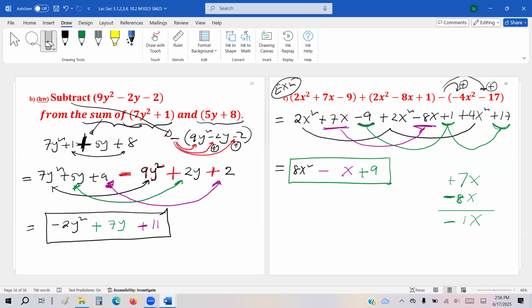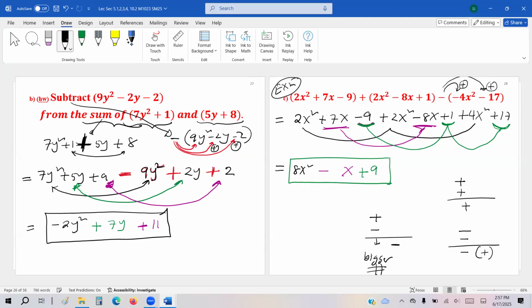So yes, it's a common mistake with different signs. If you add plus and plus, the answer is plus. If you add two minuses, the answer is minus, because you are adding them. You keep the same sign, negative, but you add the quantities. As long as you have one plus and one minus, you always subtract, but the sign depends on the bigger number.